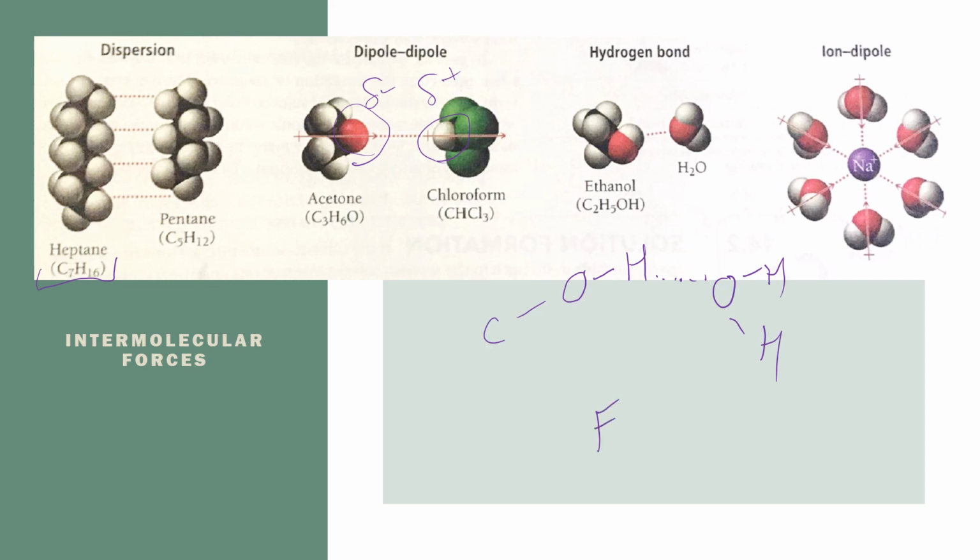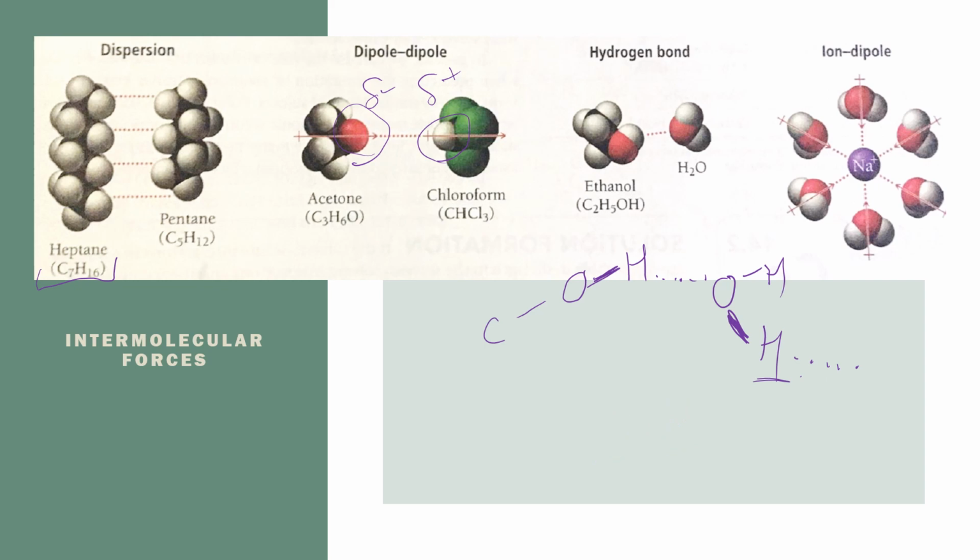The FON that we're talking about refers to which atoms the hydrogen can covalently bond to and also form a hydrogen bond with something else. So for example, this hydrogen here can form a hydrogen bond with something else because it is attached to oxygen.